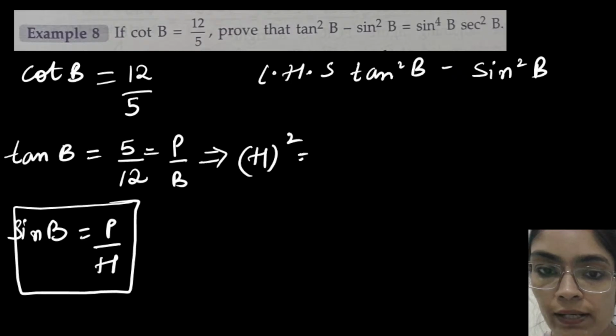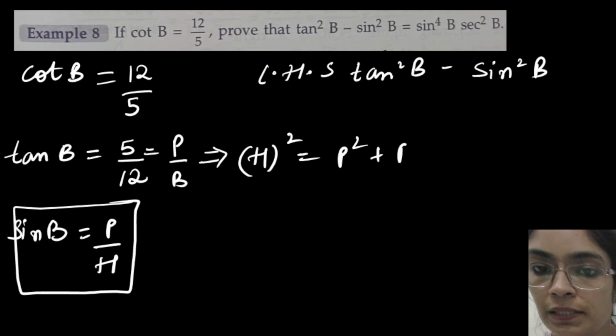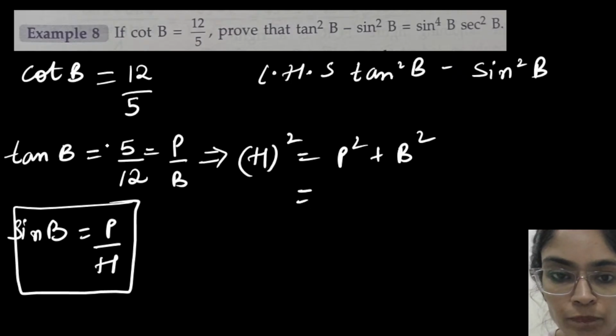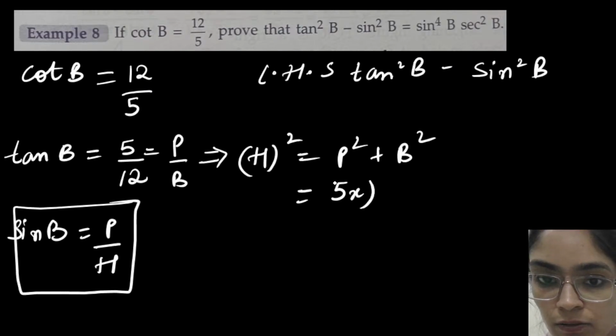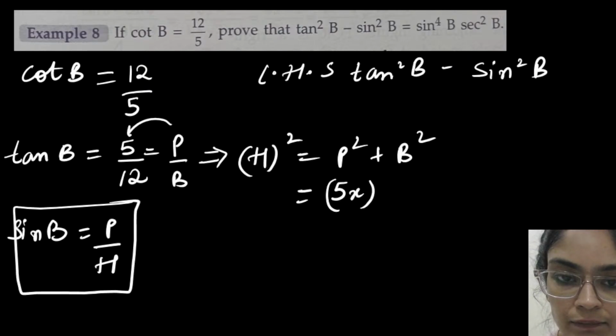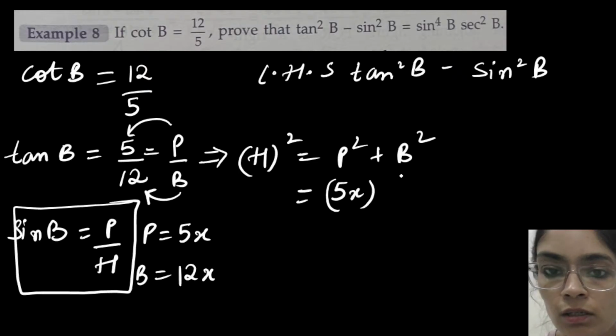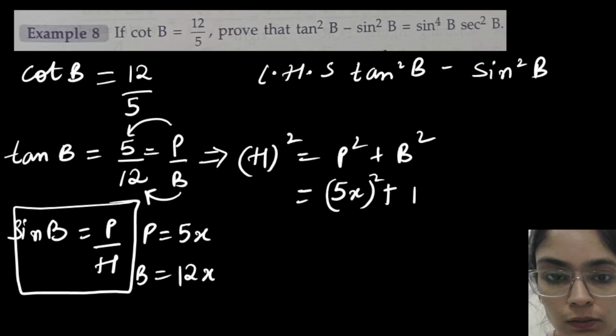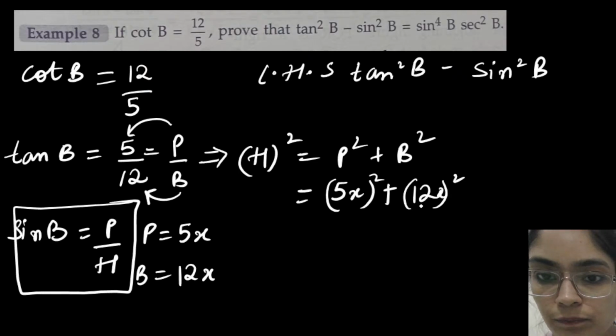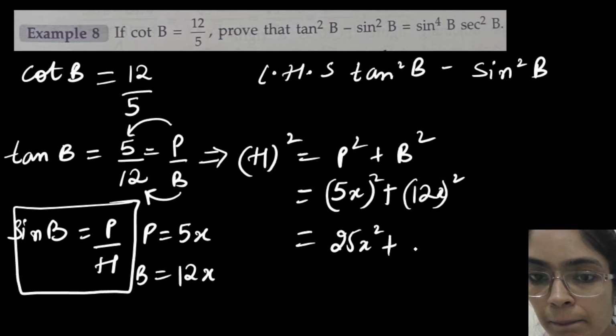So h square is equal to p square plus b square. This is Pythagoras theorem. Because it's a ratio, p we will write as 5x, as I told you in the previous class. Whenever a ratio is given to us, we assume p as 5x and b as 12x. So 5x square plus 12x square, 25x square plus 144x square.